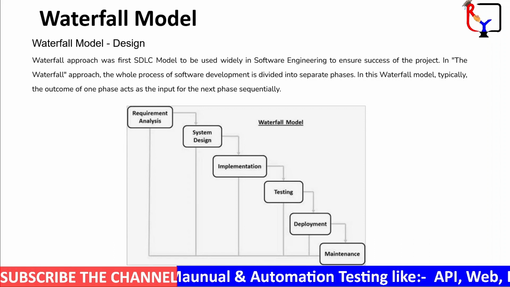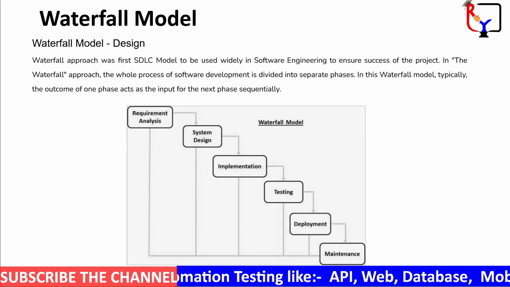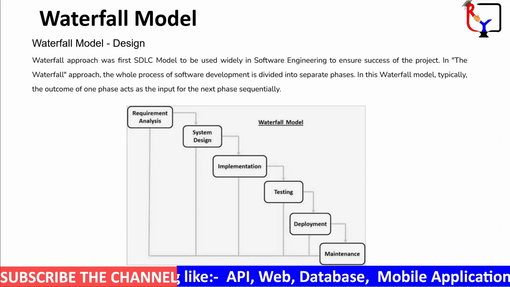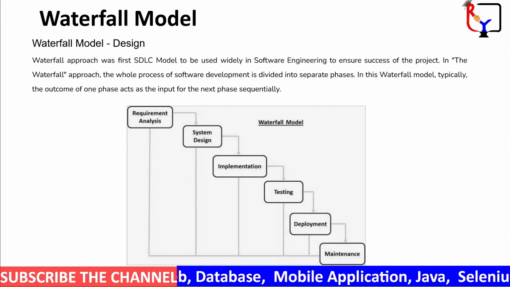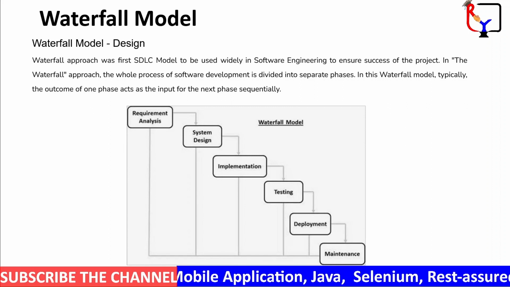The waterfall model was the first approach to software development. As the name indicates, the process involved moving down through the linear development stages in order: analysis, design, development, testing, deployment and maintenance.